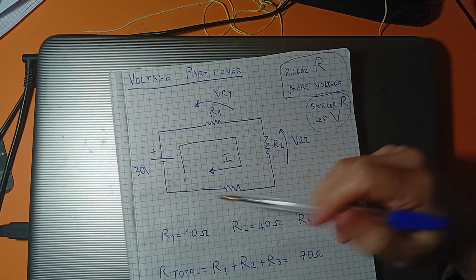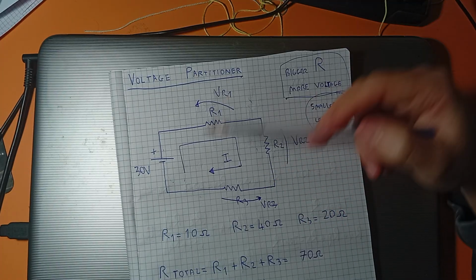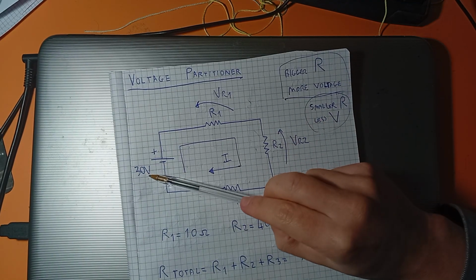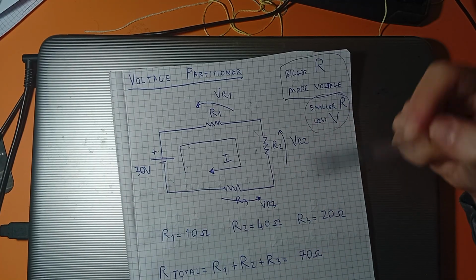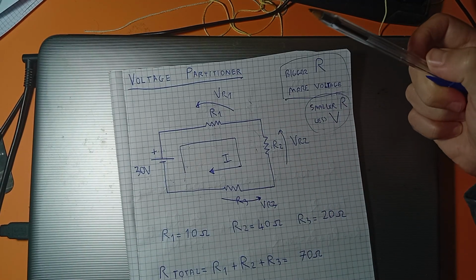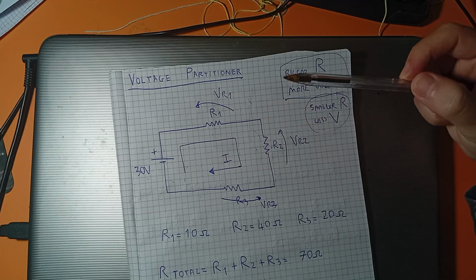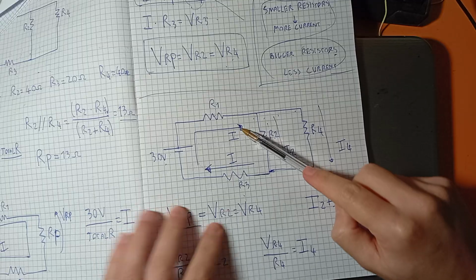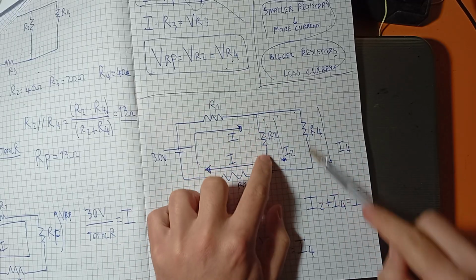And for the last time, here we have a voltage divider. I have a total voltage, and all of it will distribute on the resistors, and the bigger resistors will take more voltage, the smaller resistors will take less voltage. For the current divider here, I have a total current. This total current will divide into smaller parts.